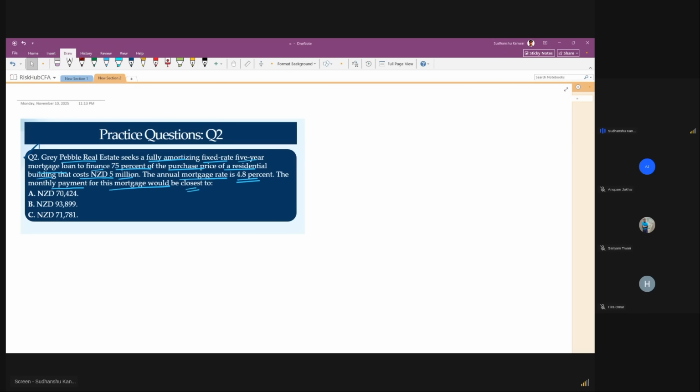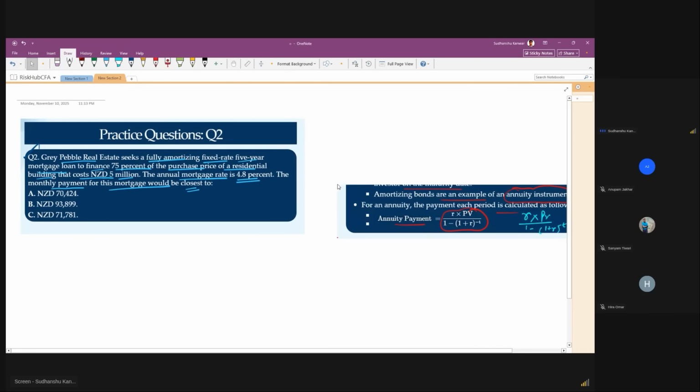So that annuity payment is your EMIs, right? That annuity payment is EMI. So let me click that as well. I don't want to do up and down, but I want to show you this small thing, that this is the logic which is working here. This is what is given in your slides also.